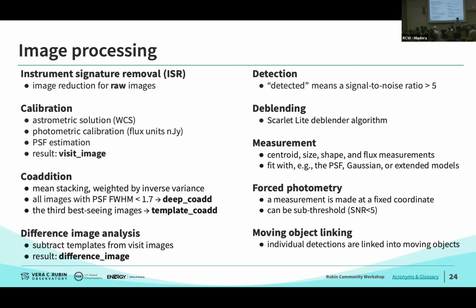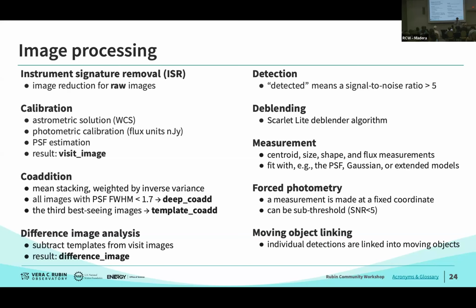Then we do detection, which, for the purpose of DP1, means any object or any source with a signal-to-noise ratio greater than 5. We do the deblending with a version of the Scarlet algorithm, which is called Scarlet Lite, and in the end, we keep what are called the children, or the deblended objects.